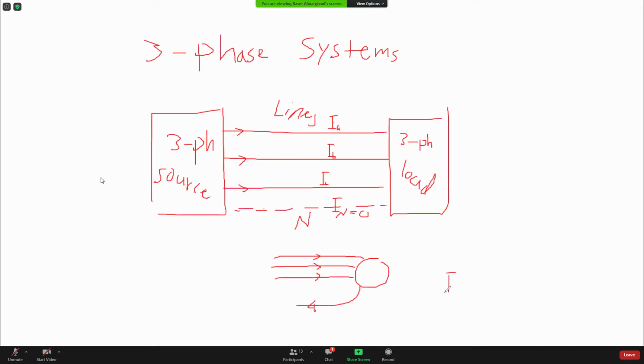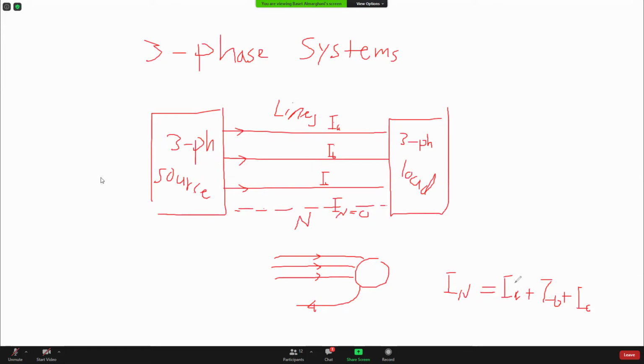So the neutral current equals the sum of the coming currents, IA plus IB plus IC. Those are called the line currents, going through the transmission line.